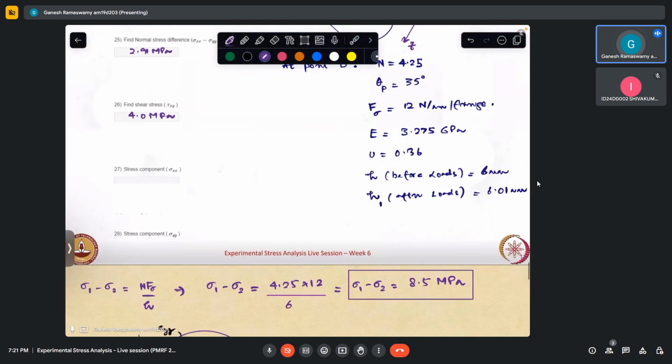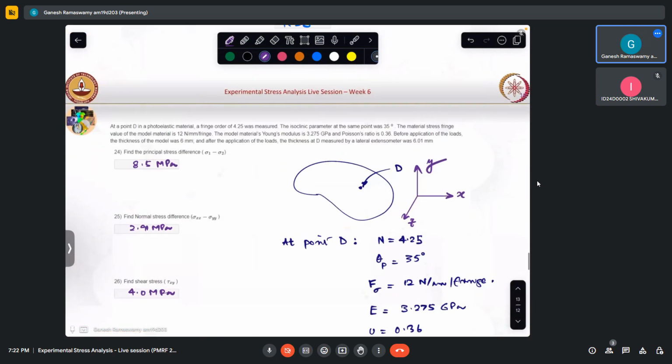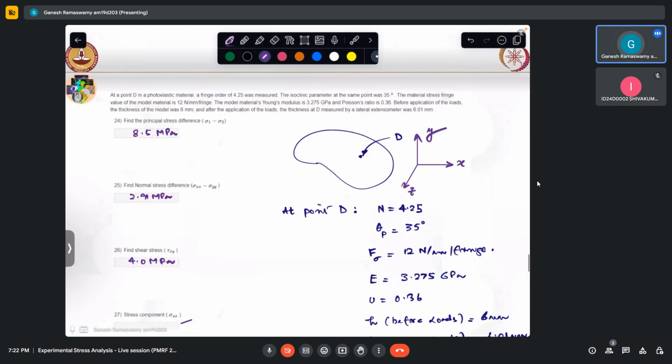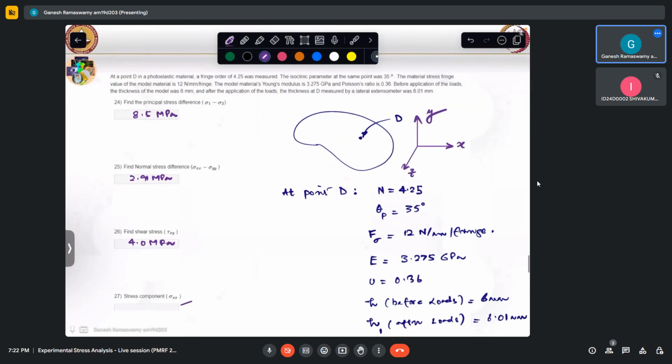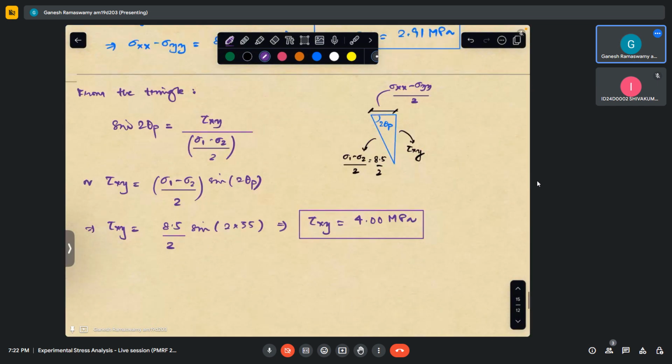Now they have asked what is the stress component sigma xx and what is the stress component sigma yy. Let us look at this.